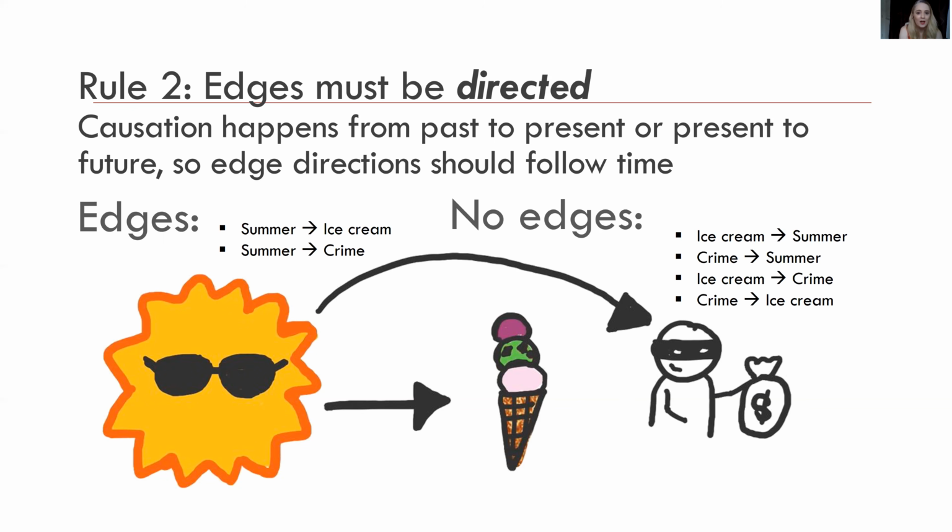So with no arrow that way, we're saying that crime doesn't cause summer, so you can't make summer come faster by robbing a bank. And we also have no edge either from ice cream to crime or crime to ice cream, representing that we don't believe that eating ice cream causes people to commit crimes, and we don't believe that committing crimes causes people to eat ice cream.